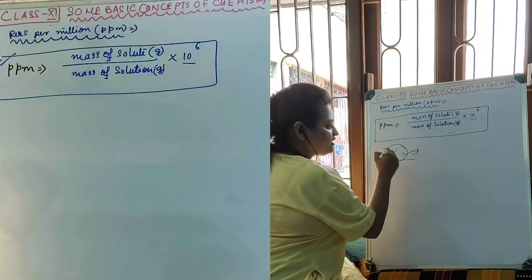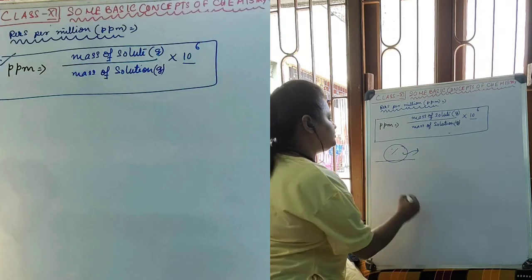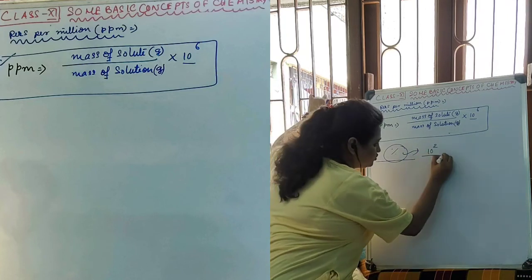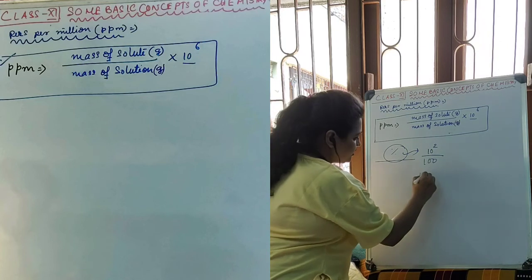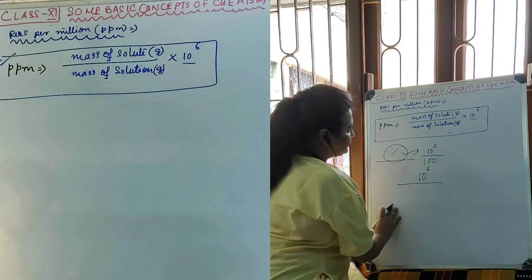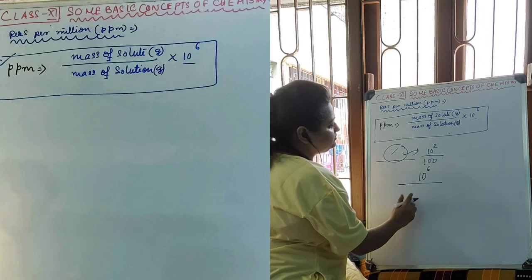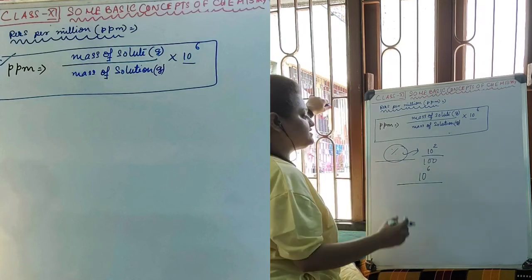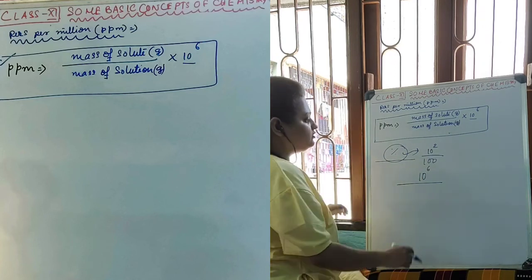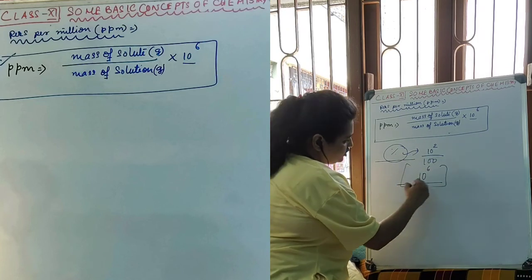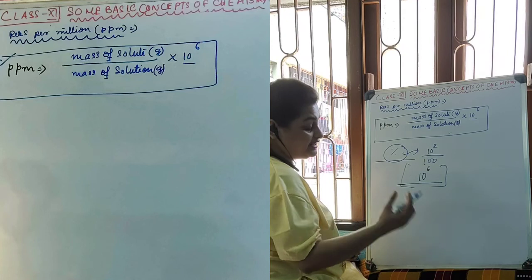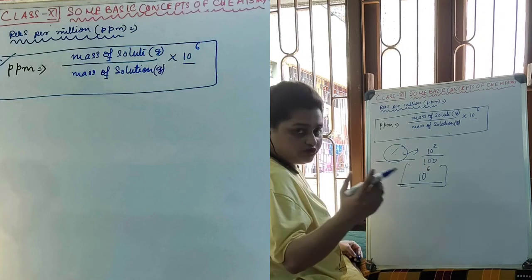With the 10 to the power 2 factor, we are only taking 100. But when we represent the amount of solute with a factor of 10 to the power 6, we are representing this entire amount with respect to 10 lakh amount of solution.